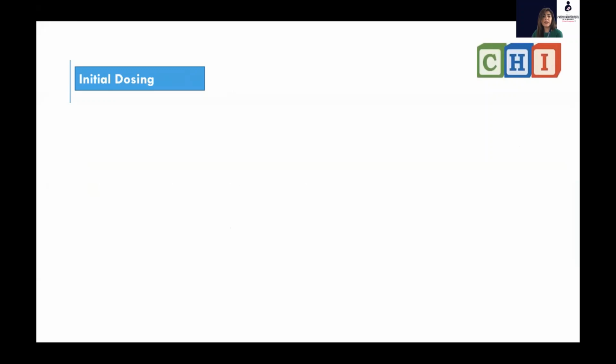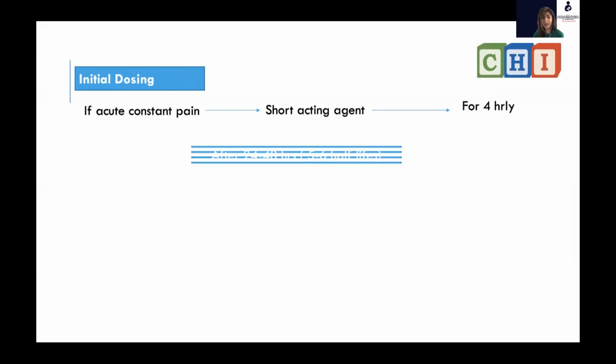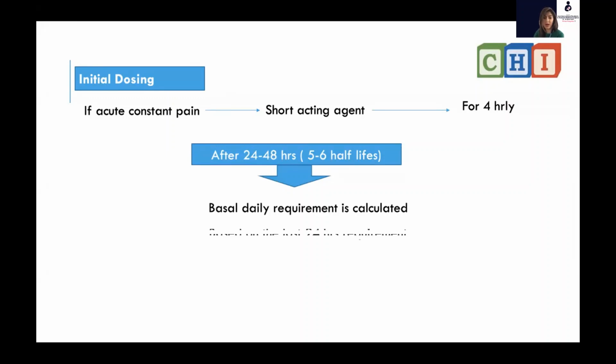When initiating a dose of opioid, first we have to assess the pain. If it is constant and severe pain, we go for a short-acting agent and give it every 4 hours. After 24 to 48 hours, 5 to 6 half-lives, we calculate the daily dose and requirement.